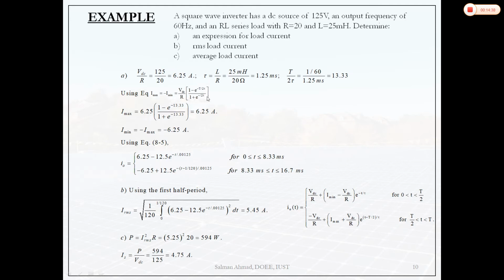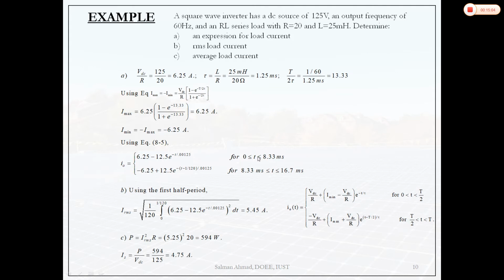Substitute all these values and you will get I max to be 6.25 ampere. Similarly, I min will be minus of that, so minus 6.25 ampere. Once you know the I min and I max values, substitute them in the expression, VDC upon R plus I min, and you will get the expression for the output current.